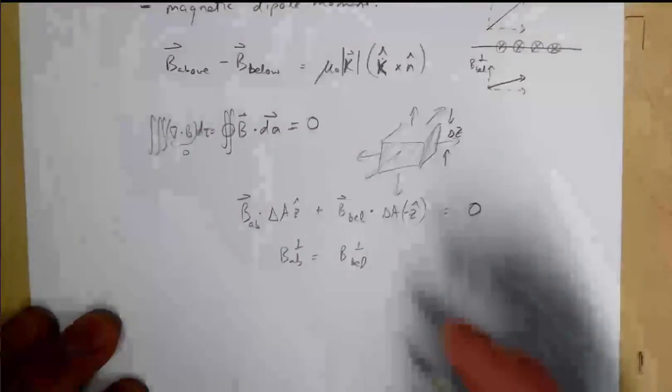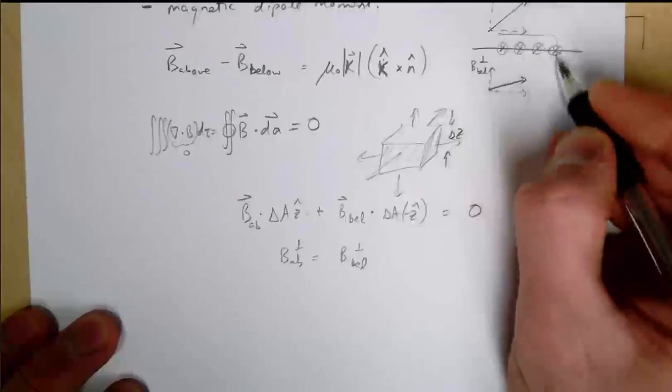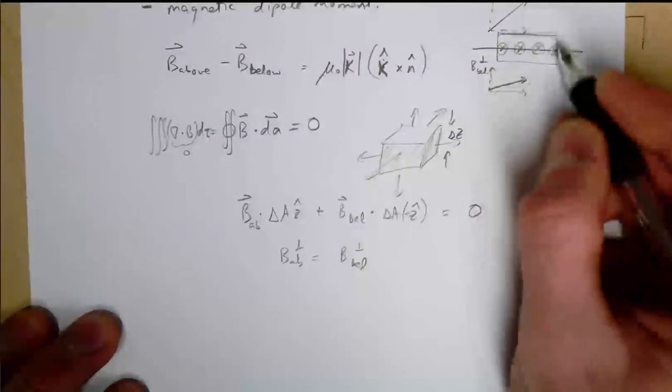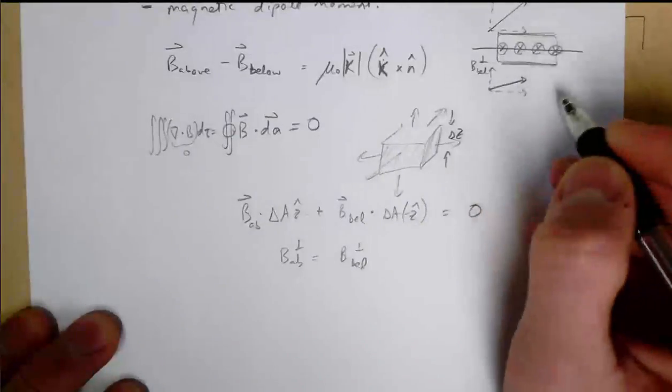Then we also worked a similar thing where we made a loop that went around, and again we said it looks like this and this are going to be the only ones that actually contribute.